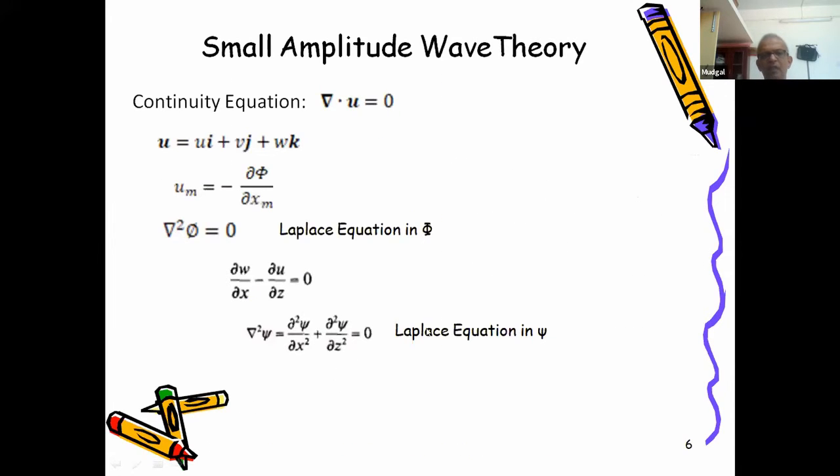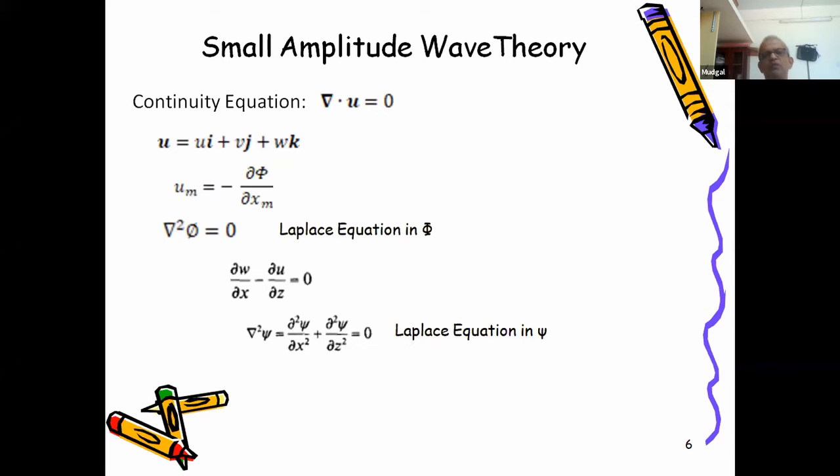Now, the theory for this small amplitude wave theory is basically we will be looking at what is called an inviscid flow theory. Yeah, so inviscid means the fluid is non-viscous and it is incompressible.